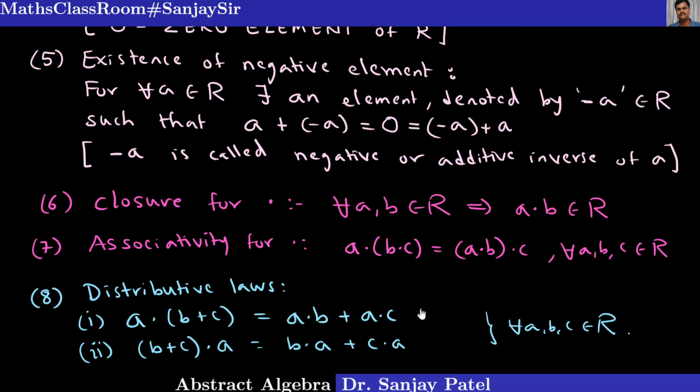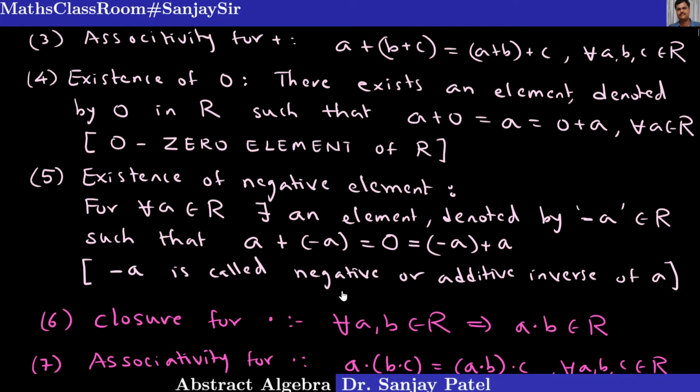The first one is called the left distributive law, and the second one is known as the right distributive law, because here multiplication is done on the left hand side of the bracket, and here it is on the right hand side. So a set R with these 8 axioms is called a ring. And just remember this zero element and the negative element.